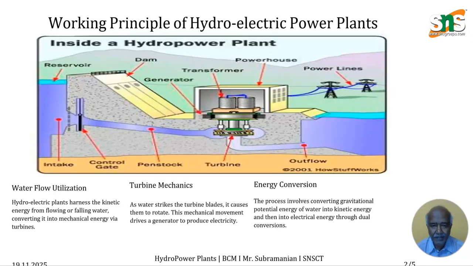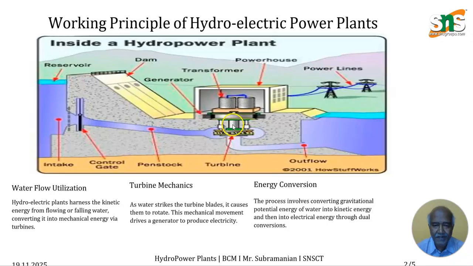In this power plant, the water is collected in a reservoir or in a dam itself. From the dam, the water is released at high pressure. The water is forced to hit the turbine blades located nearby, and when the water hits them, the turbine rotates.